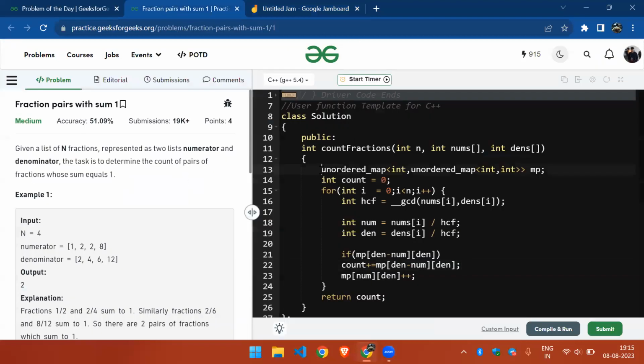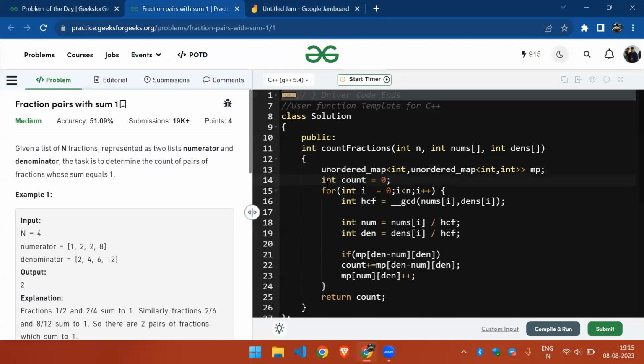Okay, so I have implemented the same idea. I have used a nested unordered map, because we are storing the new fractions, and we cannot store a fraction directly in any data structure. So I have used an int for the numerator, an int for the denominator, and this is the count.